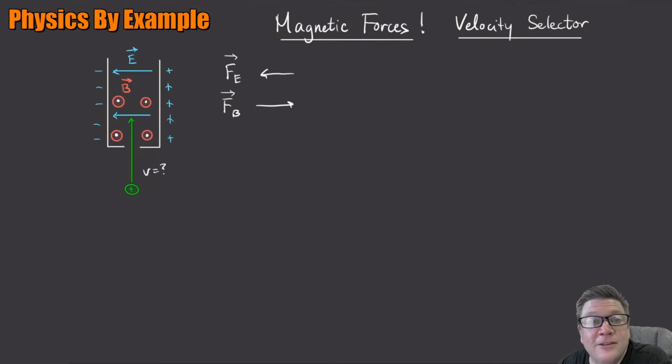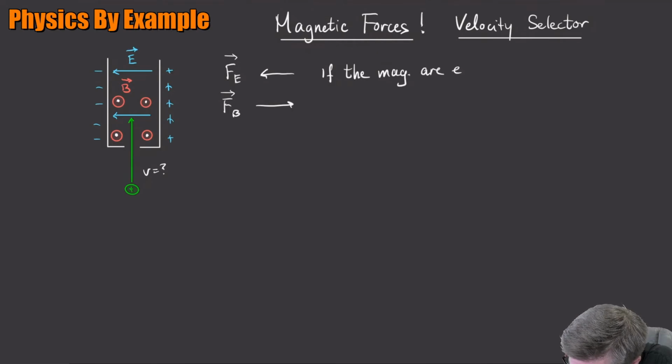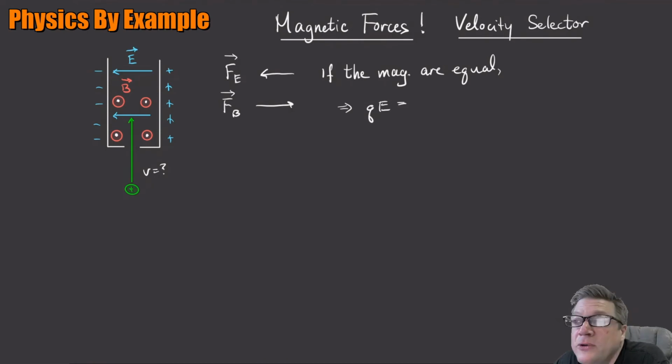To see how this works, let's write down the magnitudes of these forces. If the magnitudes are equal: the magnitude of the electric force is just QE. The magnitude of the magnetic force is QvB sine theta, but theta between v and B is 90 degrees, so sine of theta is 1.